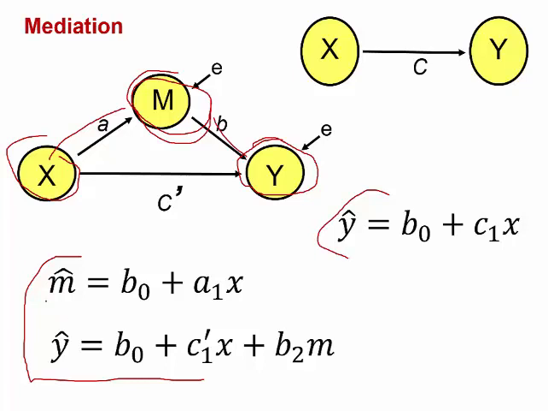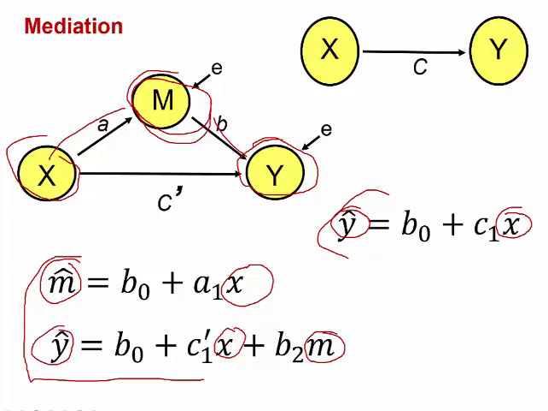So I need to use X, my alliance, to predict the mediator, attitudes. I need to use X, alliance, to predict Y, adherence. And I need a third equation where I use both the alliance X and the mediator, attitudes, to predict Y, adherence. So I need to run all three of these equations.